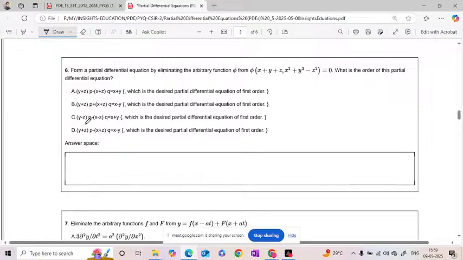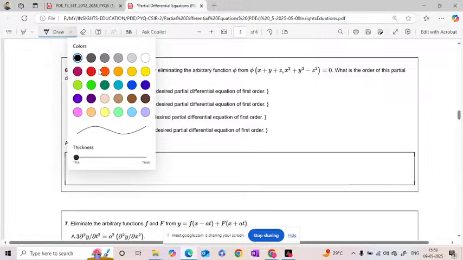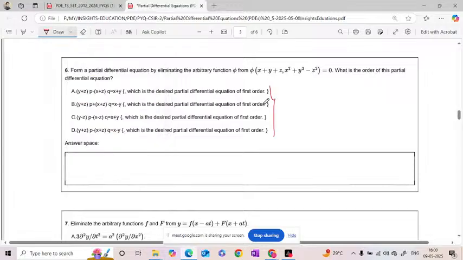Option D. So assume it is U and assume it is V. Now the matrix is Ux, Uy, Uz, p, q, and Vx, Vy, Vz.